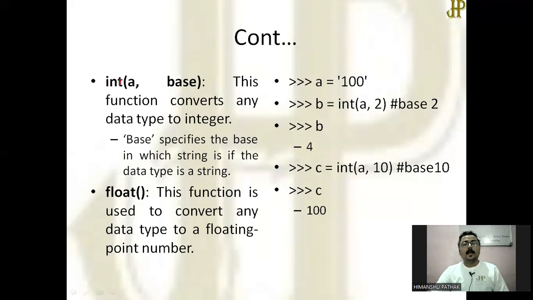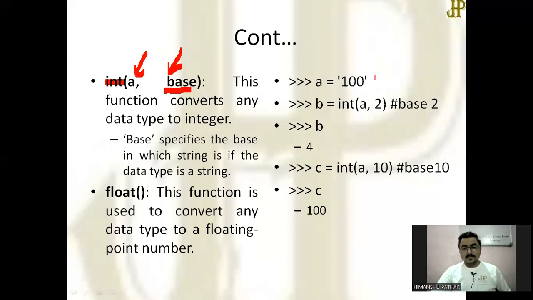First one is int. If you want to convert any value into integer type, you have to supply two arguments. First one is the variable which needs to be converted, and the base, either binary number or octal number or hexadecimal or decimal.